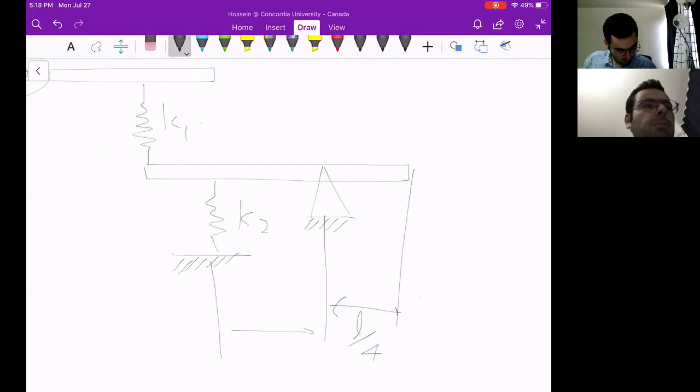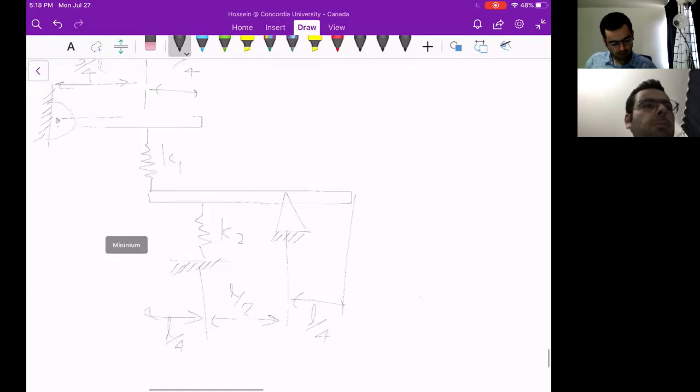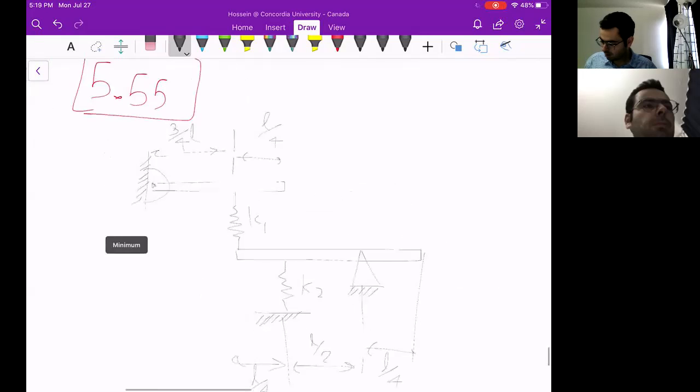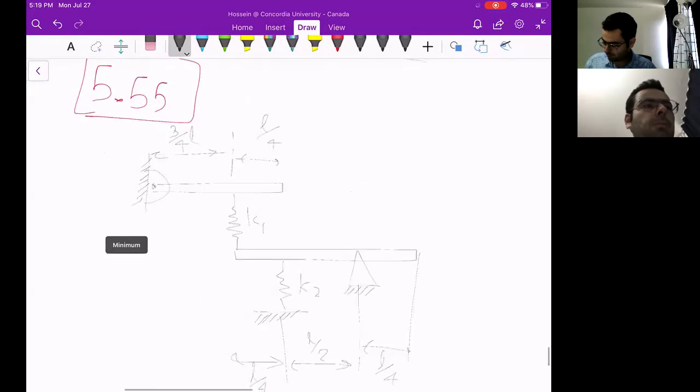This is L over 2, and this is L over 4. So the two uniform bars here are of equal length but different masses, M1, M2.